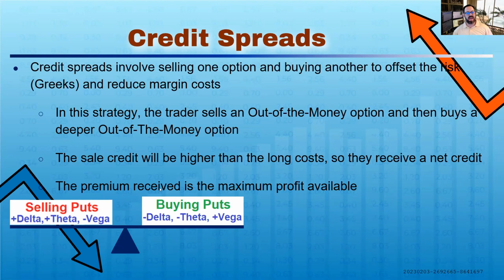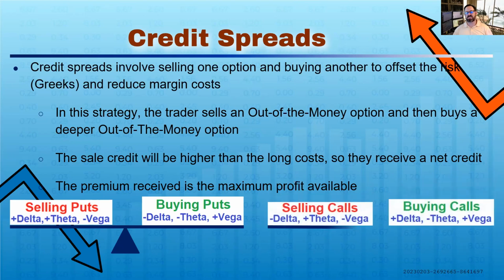Well, if we sell a put and buy a put, you'll notice we're getting delta that's negative to offset the positive delta. We're getting negative theta to offset the positive theta, and we're getting positive Vega to offset the negative Vega. So we're going to offset some of the things we don't like about the option.